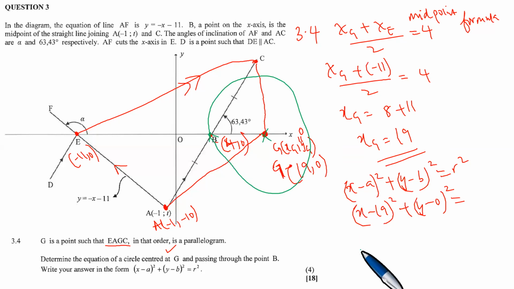Something like this. If this one is 19, then this one must be how many units? It must be exactly 15, because 15 plus 4 is 19. So which means the radius of the circle is 15.